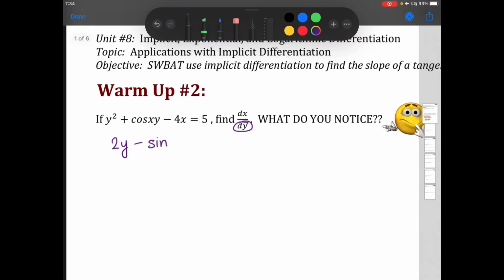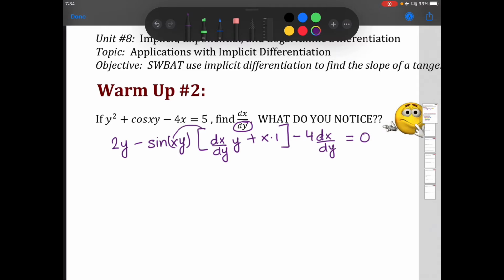So sine xy, and now I'm going to apply the product rule inside, which would be derivative of x is just 1, and then I'm going to do the chain rule, so it'll be dx over dy times y, plus the derivative of y, which is just 1, minus 4 times derivative of x with respect to y, dx over dy. And the derivative of a constant is always 0. So this is what I got for my first step.